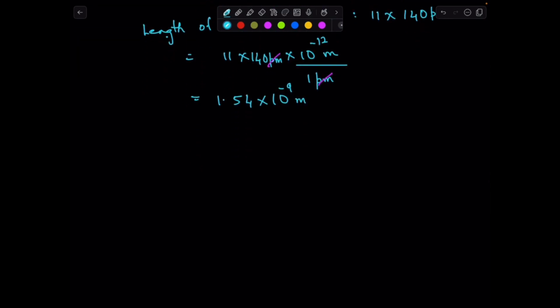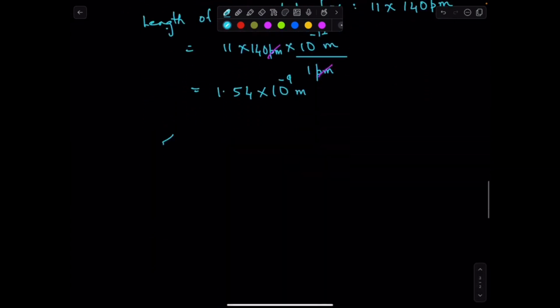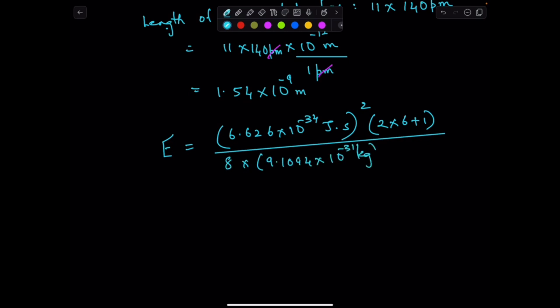Now we can plug in the values. Delta E equals h squared, which is 6.626 times 10 to the negative 34 joule second squared, times 2n plus 1, which is 2 times 6 plus 1, over 8 times 9.1094 times 10 to the negative 31 kilogram, times 1.54 times 10 to the negative 9 meters squared.